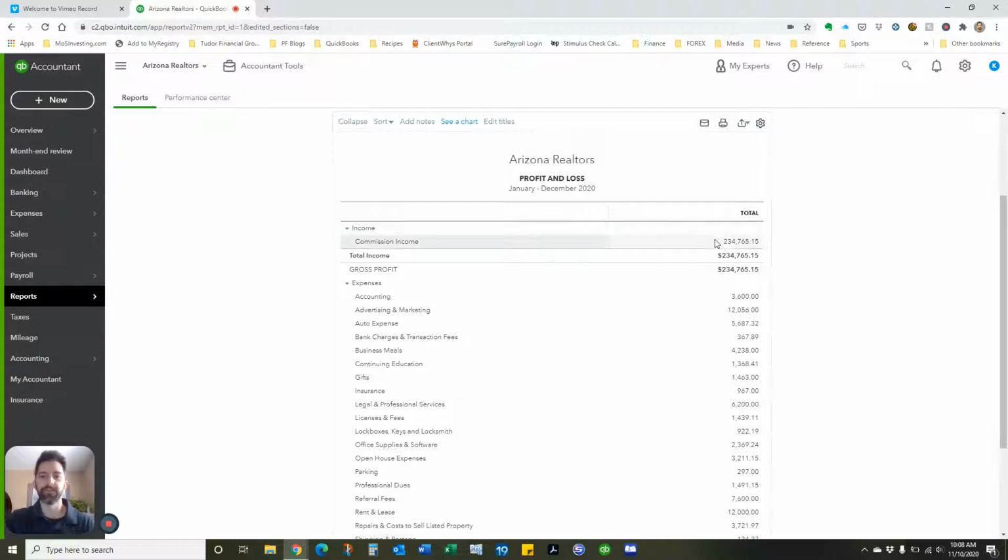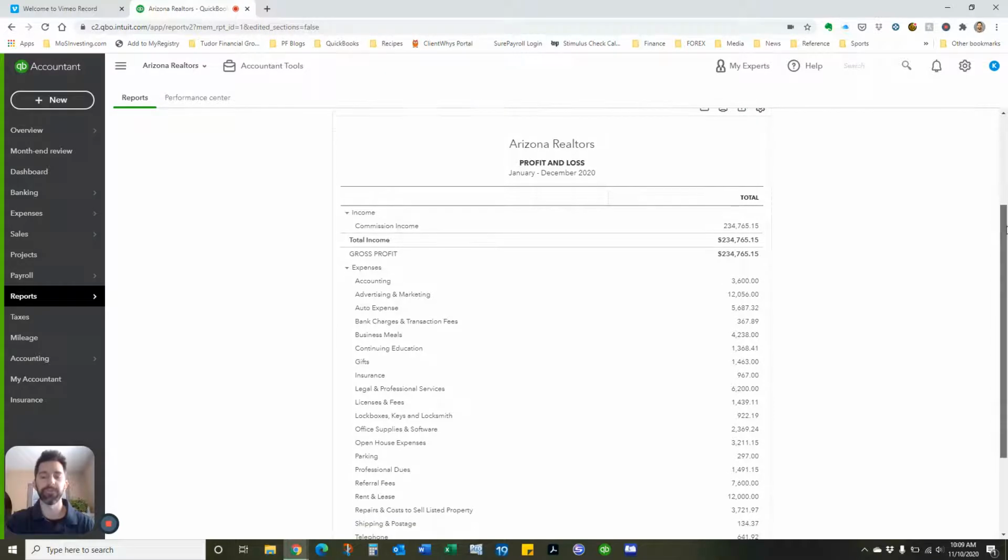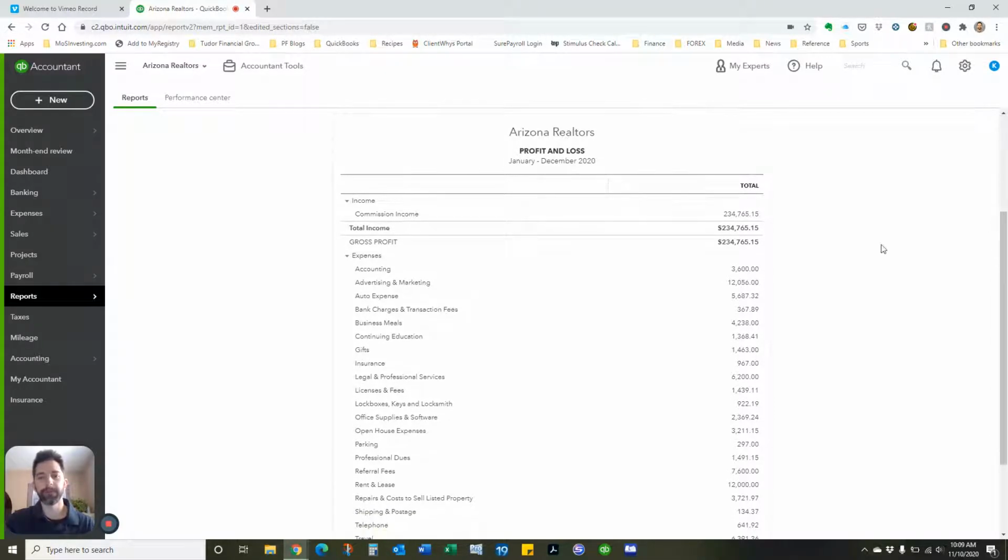In this case, for the year, we have commission income of almost $235,000, and this can be anything for your company. The amount doesn't matter for these purposes, but in this case we're looking at $235,000 in income. Maybe you have certain other smaller line items or areas of income.